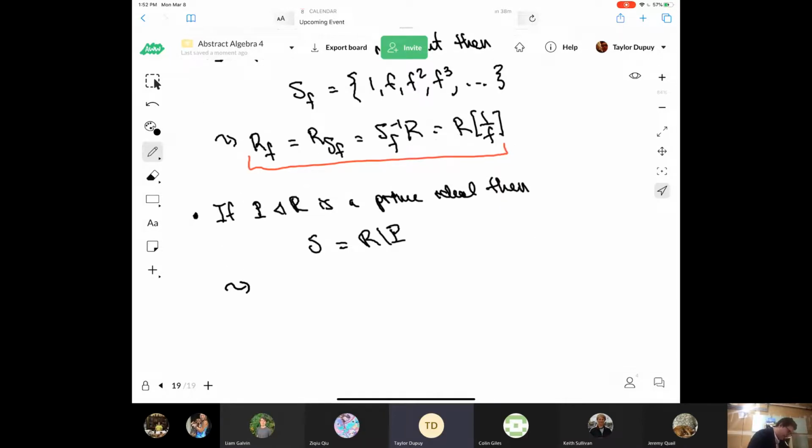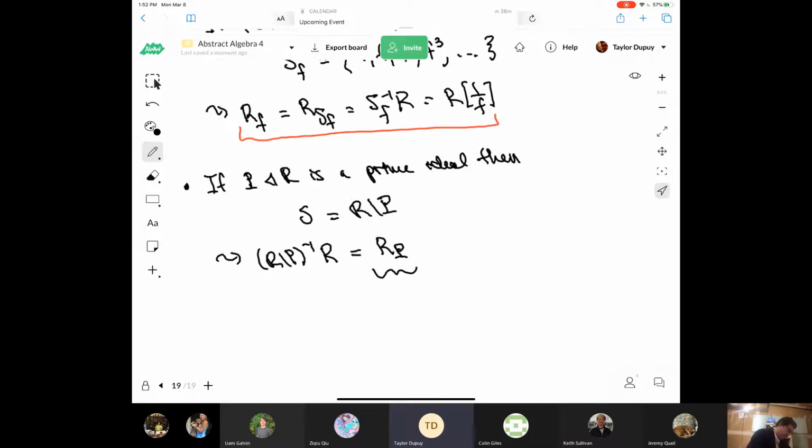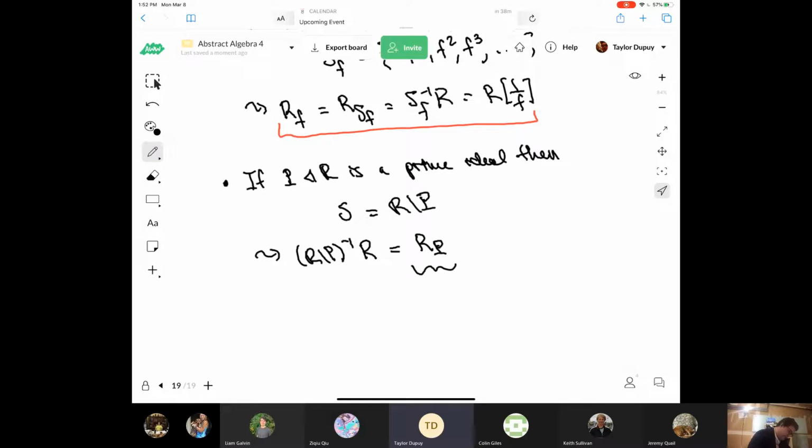And then this gives us, okay, this is a terrible notation, R minus P inverse of R. And then we do something terrible, which is we write this as R_P. Okay, so this is not an element P, but this is a prime ideal. So this is the localization at a prime ideal.